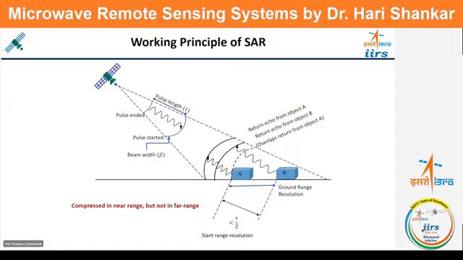Means the distance is less, but the resolution is bad; the range is high, but the resolution is good. These are special qualities of synthetic aperture radars: as the distance increases, they can see the targets in a better way. This is because of the separation of the pulses.